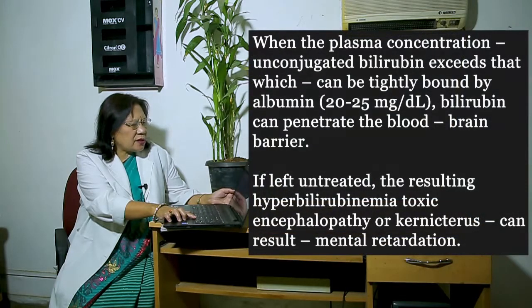So when the plasma concentration of unconjugated bilirubin exceeds that which can be tightly bound by albumin, 20 to 25 mg per dl, bilirubin can penetrate the blood-brain barrier. If left untreated, the resulting hyperbilirubinemia can produce encephalopathy or kernicterus, and it will cause mental retardation.